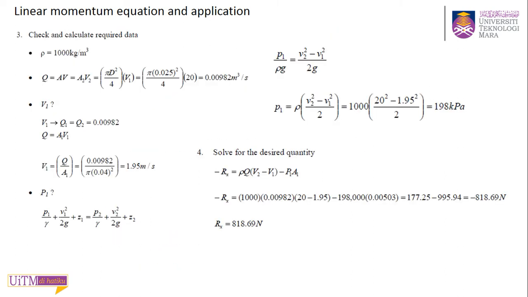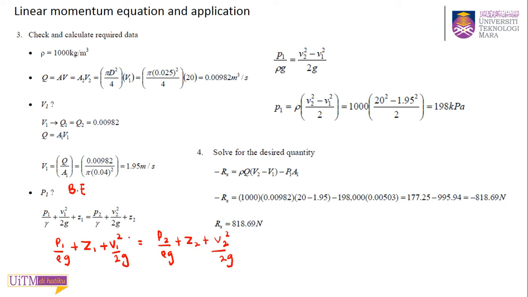In order to find that, you use the Bernoulli equation. P1 over rho g, in the version that I teach you, plus Z1 plus V1 squared over 2g is equal to P2 over rho g plus Z2 plus V2 squared over 2g.